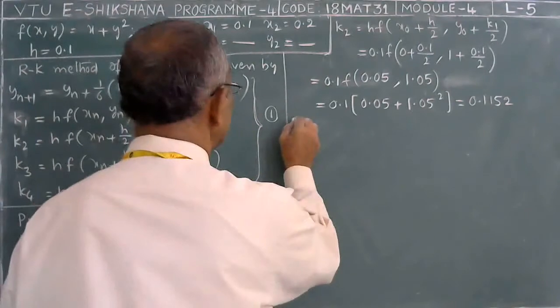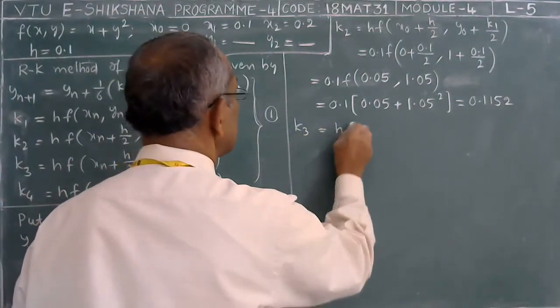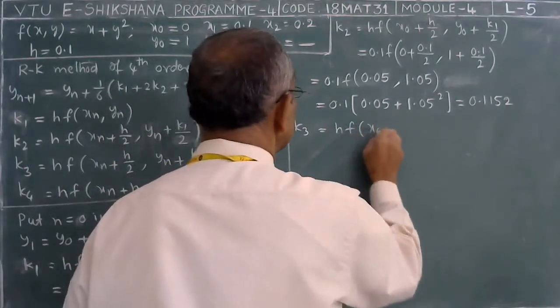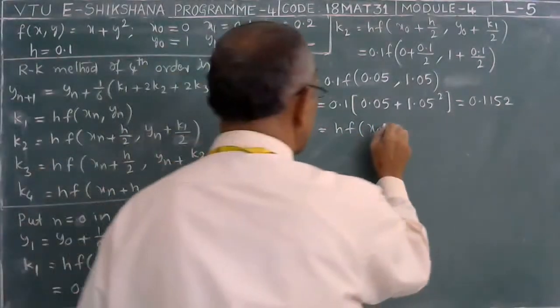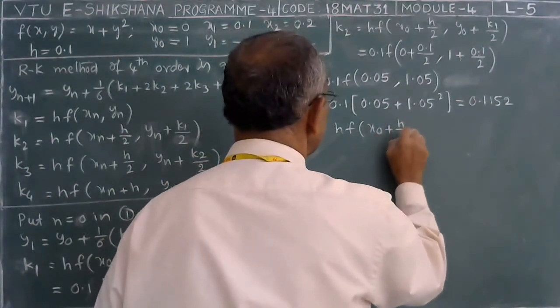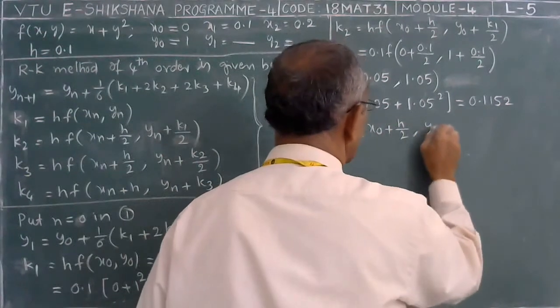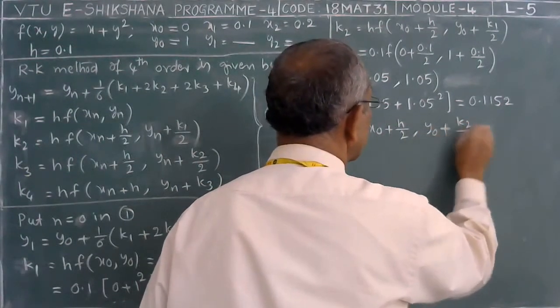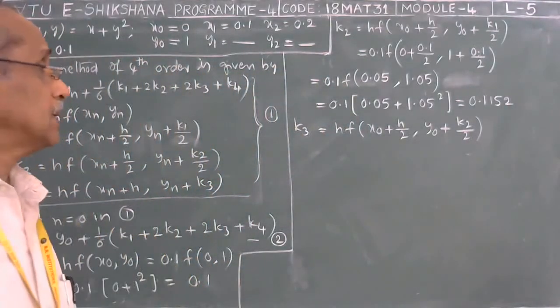Next k3. k3 is h into f of x0 plus h by 2 comma y0 plus k2 by 2.